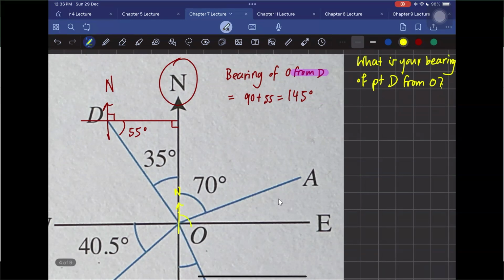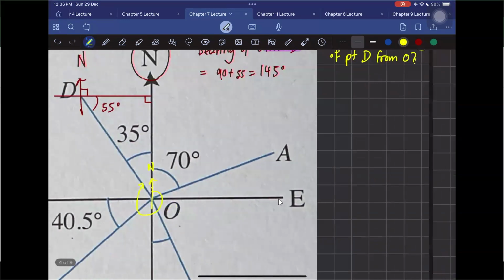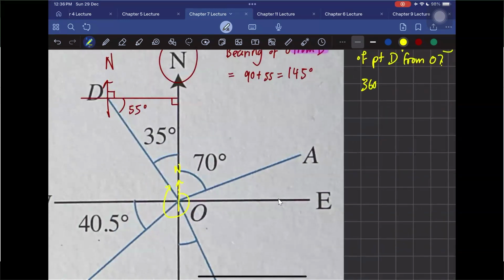It always goes clockwise, by the way. So it's basically this point, okay? So this is basically 360 degrees, because one full round gives 360 degrees, minus 35 degrees. And your answer is 325 degrees.